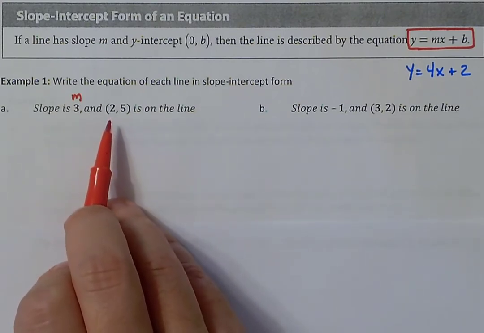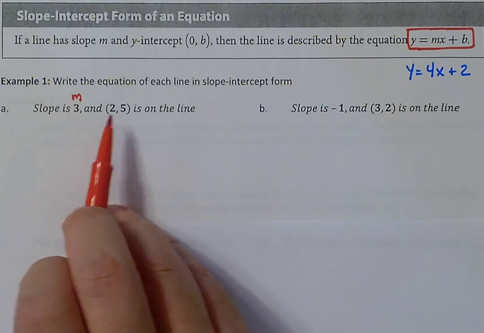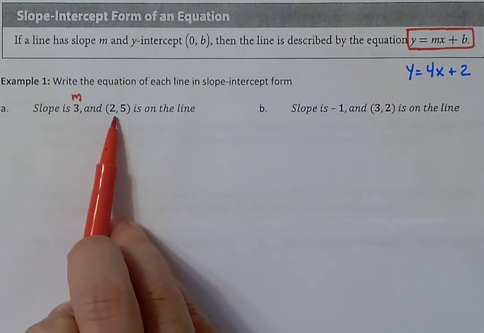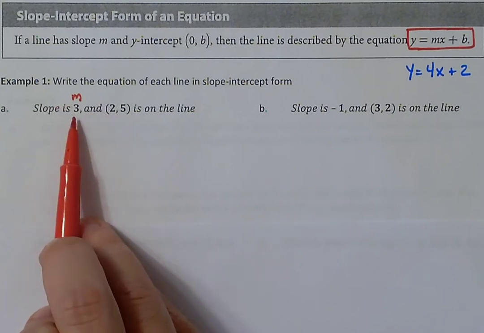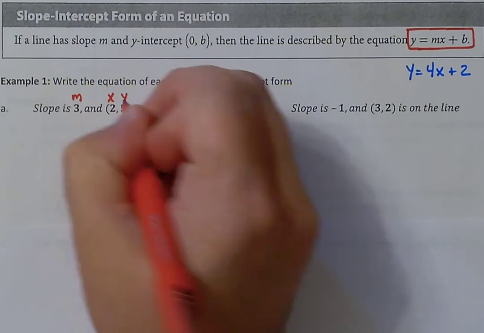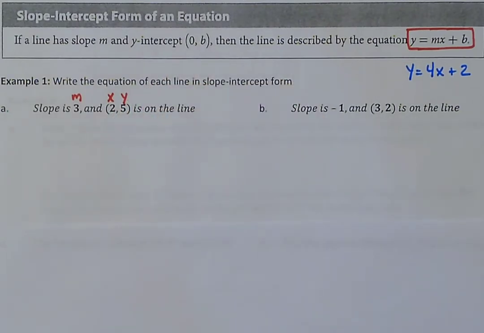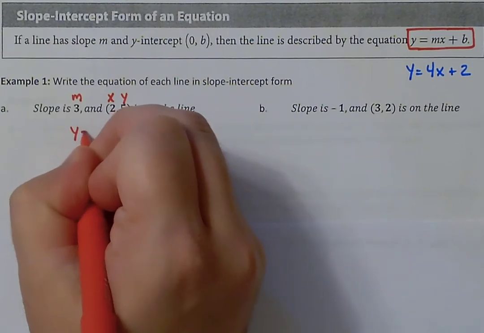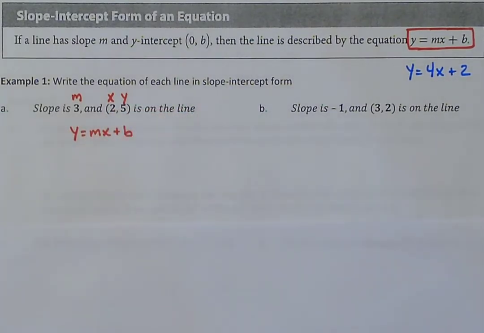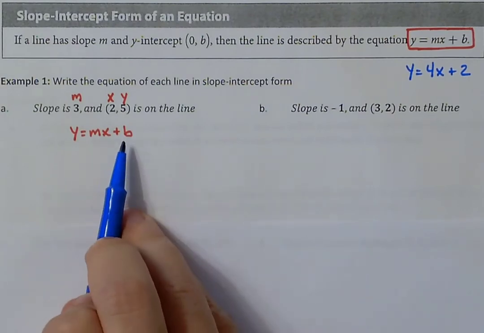So how we are going to write our equation in y equals mx plus b form for the line that goes through this point and that has the slope is we're going to call this my x and my y. And what we're going to do is take the equation y equals mx plus b. We have to figure out what my y-intercept is.